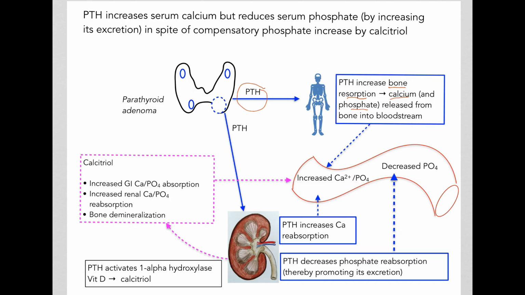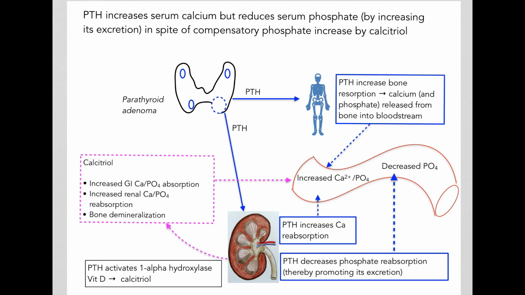And this calcium and phosphate will enter the bloodstream, and it will tend to increase the levels of serum calcium as well as serum phosphate. Another important site of action of parathyroid hormone are the kidneys. In the kidneys, the PTH will increase calcium reabsorption, and that calcium reabsorption is going to increase serum calcium levels.